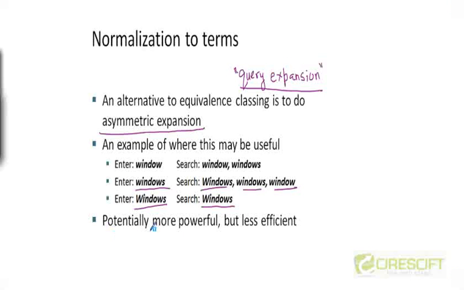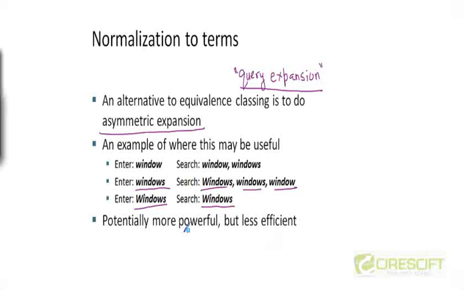So this gives you more functionality, but it's less efficient, in that firstly, you will create a lot more postings lists. If you don't do equivalence classing but do query expansion, then the number of postings in your dictionary is going to go up. Why is that?